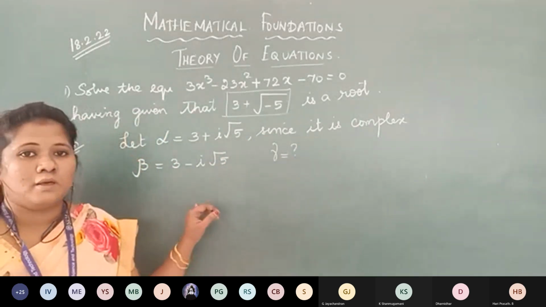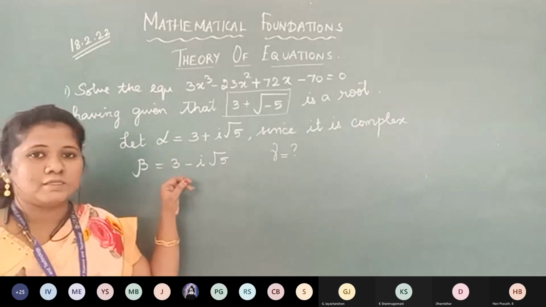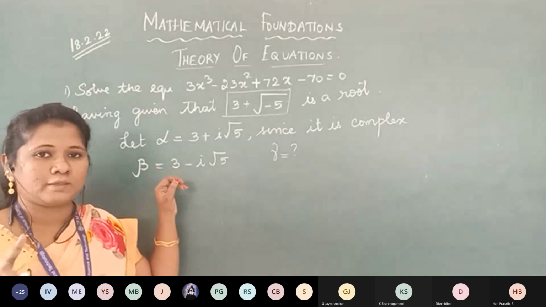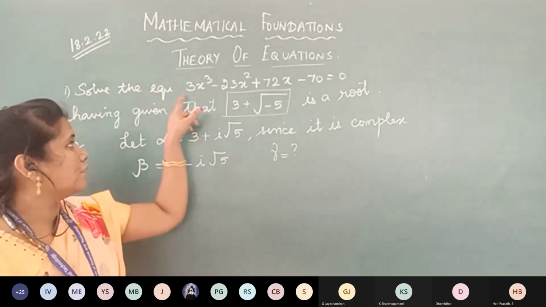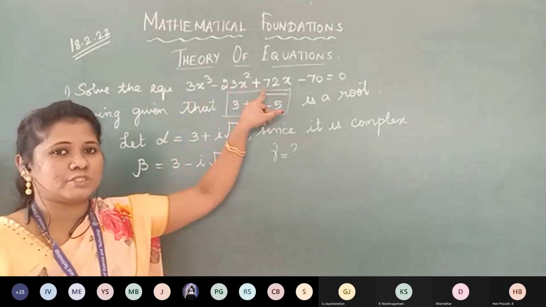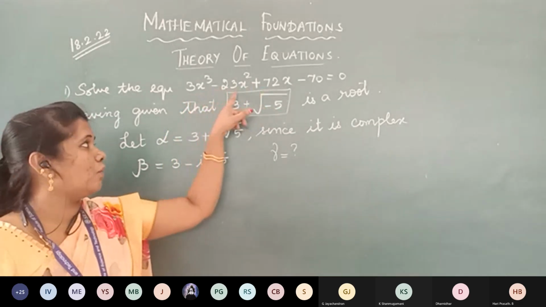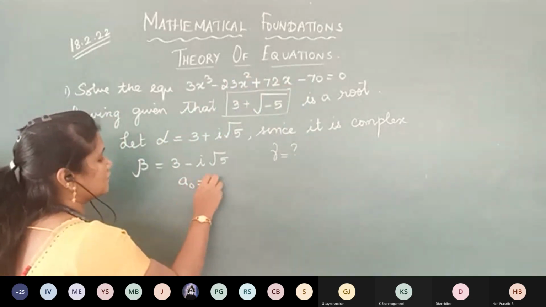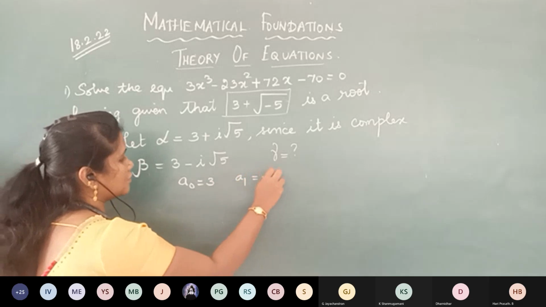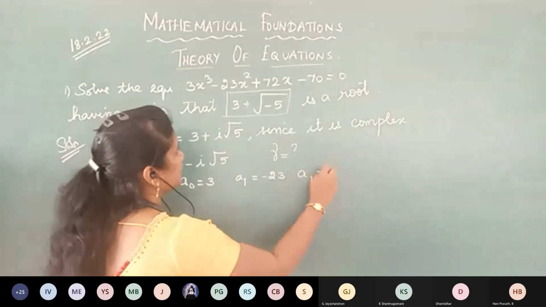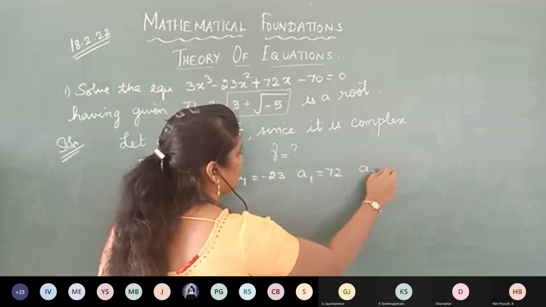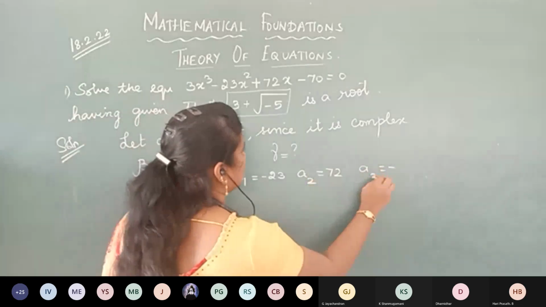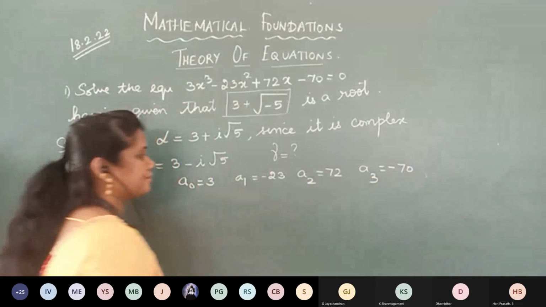So you know the addition of all these, that is the sum of the roots one at a time, is equal to what? From the question, they've given you the equation. You can take what is your A0, A1, A2, and A3. Your A0 is 3, A1 is minus 23, A2 is 72, and A3 is minus 70.